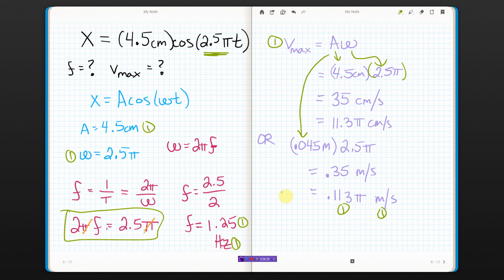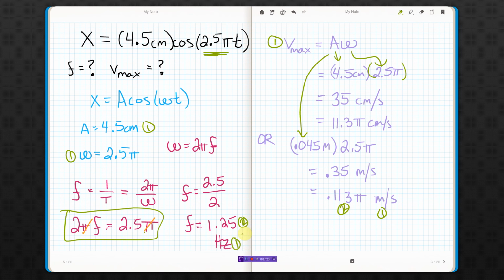I don't really see a good place to put 3 more points, so we're going to double up on a couple of things. Let's do another point for each answer. So this becomes 2 points and 2 points.